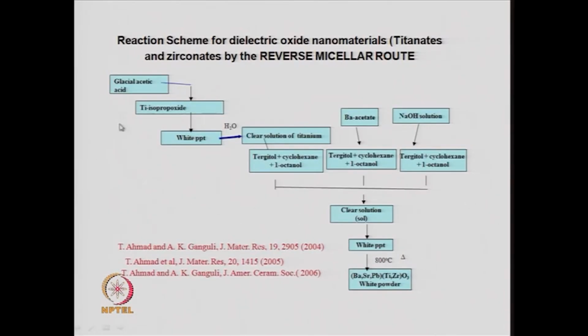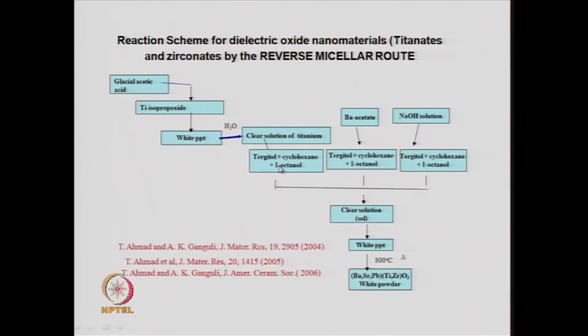So, what you do is you take the titanium as an alkoxide, use titanium isopropoxide and add glacial acetic acid. You get a white precipitate, which you dissolve after adding some more water, and you get a clear solution with titanium in it. You add barium acetate and sodium hydroxide to the microemulsion mixture.